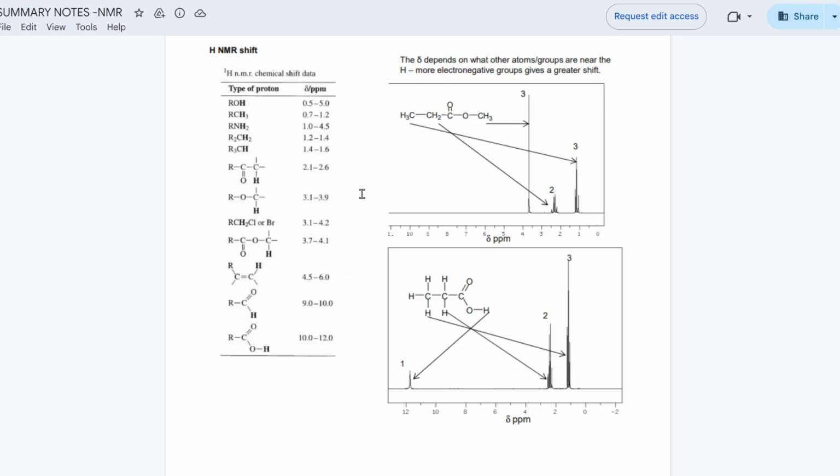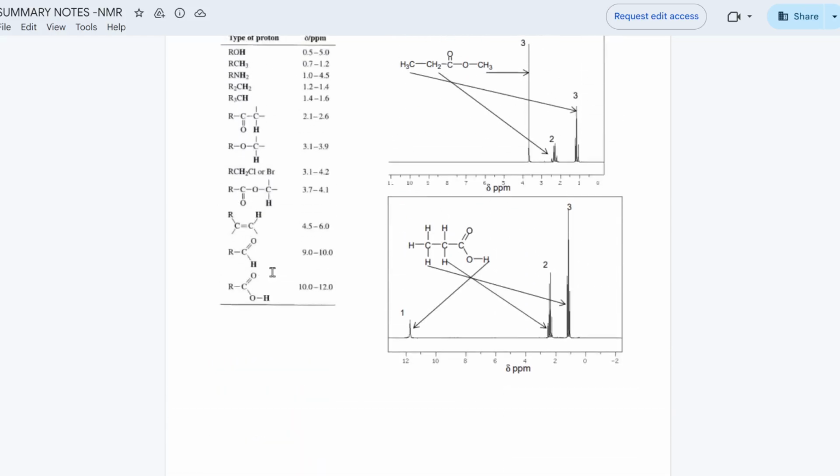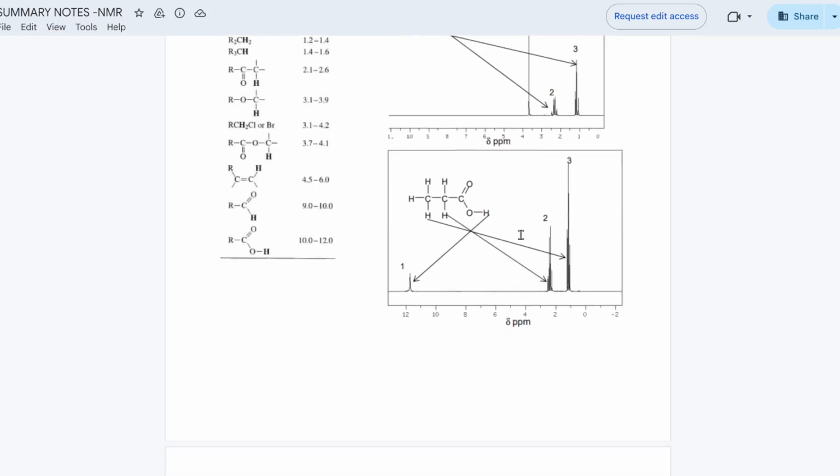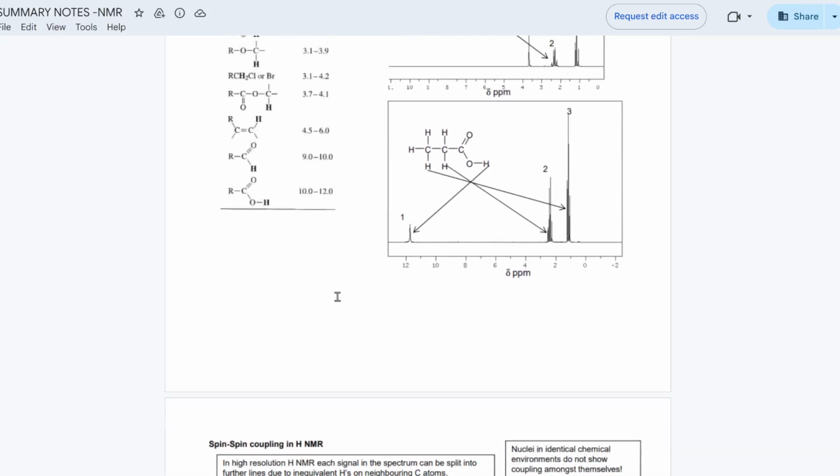But we know the explanation for why. This graph makes a lot of sense with this: more electronegative gives the greatest shift. That makes a lot of sense. I'll just stick with that. This I'll take with a grain of salt, I suppose. I think I understand it.